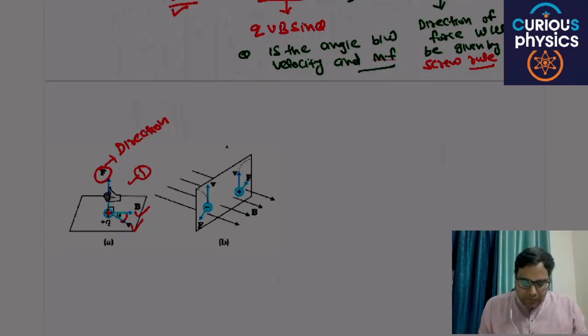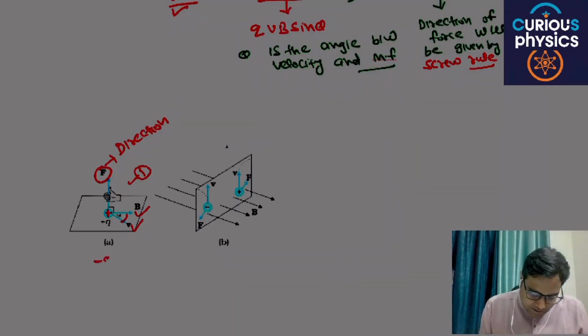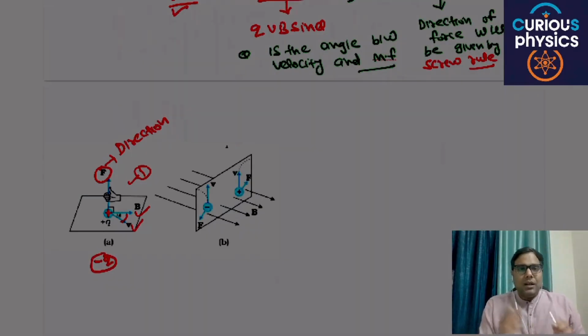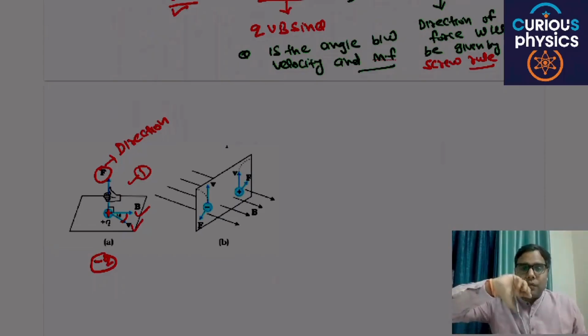But if there is a negative charge in place of this positive charge, then again curl your fingers from V to B, and this direction is for the positive charge. If there is a negative charge, then the magnetic force will be in the downward direction.